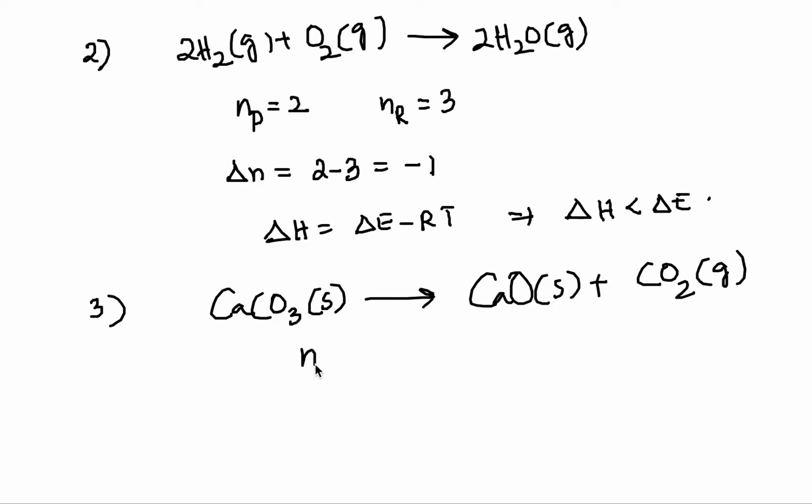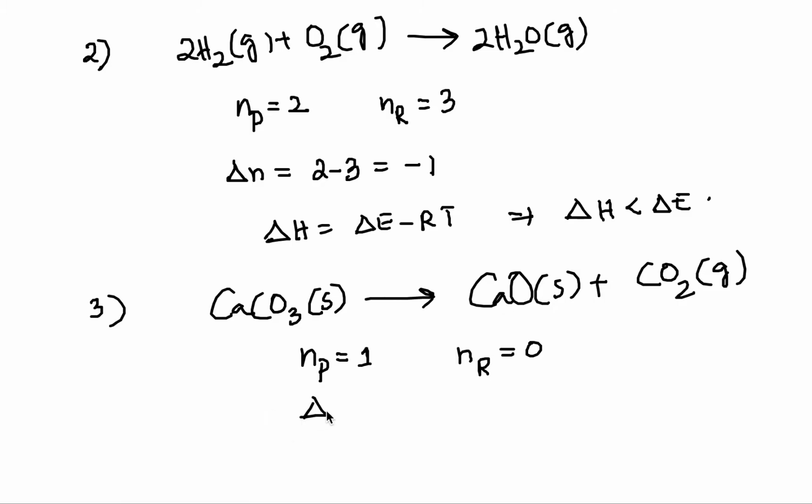Therefore here the number of gaseous products is 1 and the number of gaseous reactants is essentially 0. Why? The significant volume is basically associated with the gases. When we have solids, the change in volume is almost negligible. Therefore when we are making a relationship between delta H and delta E, we don't consider solids and liquids.